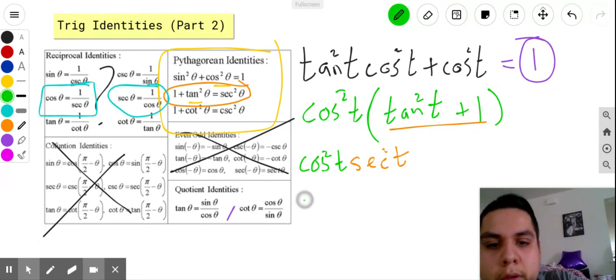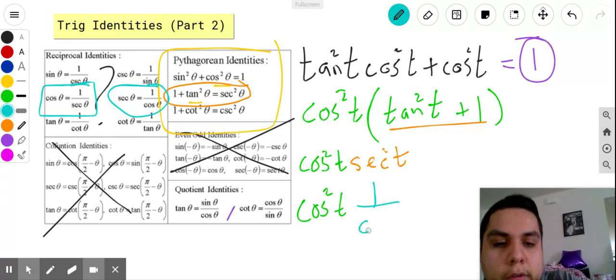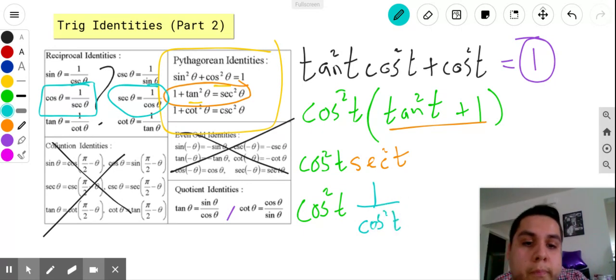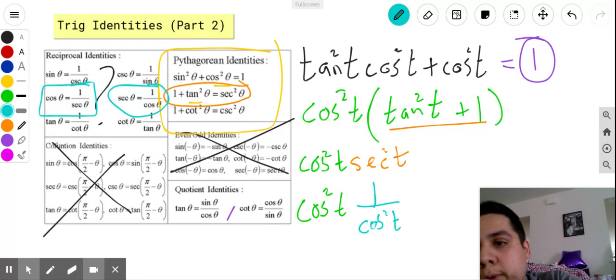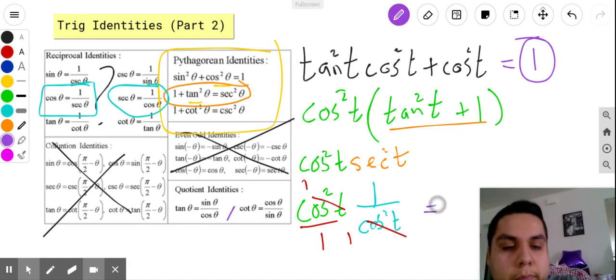So I can think about this as cosine squared of t multiplying a 1 over cosine squared of t. Okay? And if I do it this way, then here's what happens. Cosine squared of t cancels out with cosine squared of t, so you end up with 1 times 1, which gets you 1.